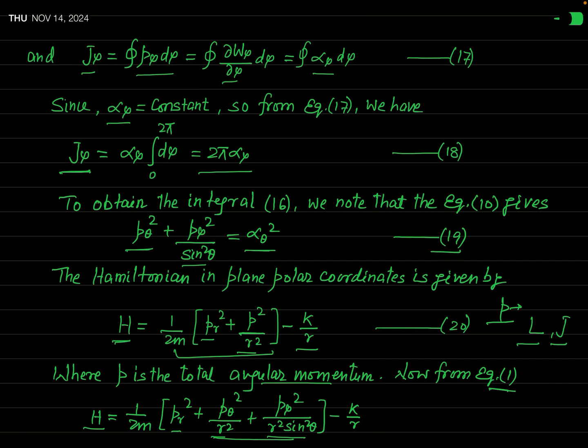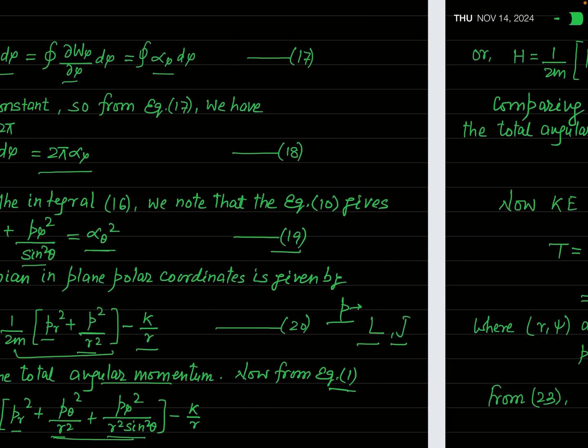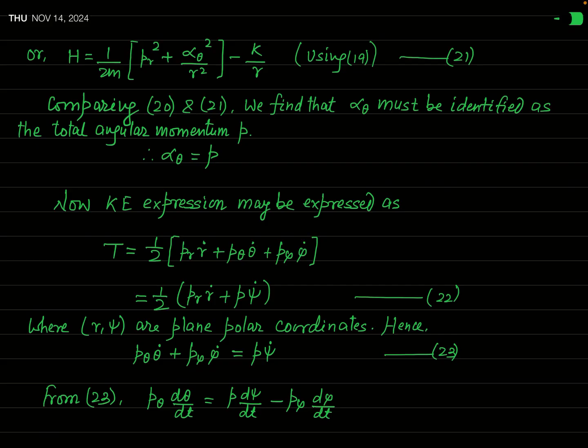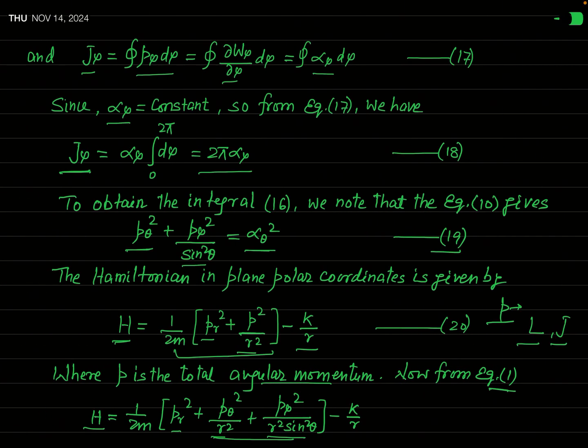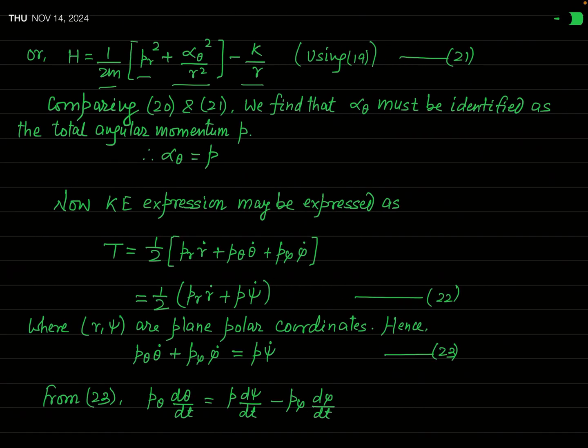So when we use equation 19 in this result, the expression for the Hamiltonian will be 1 over 2m times p r square plus alpha theta square over r square, minus k over r. Now you can see there are two expressions for the Hamiltonian. One is defined in equation 20 and another in equation 21.